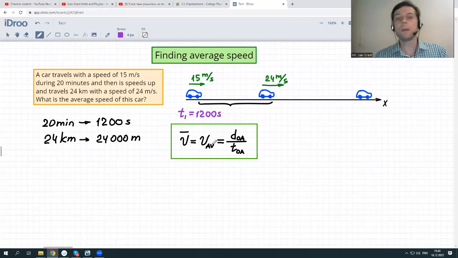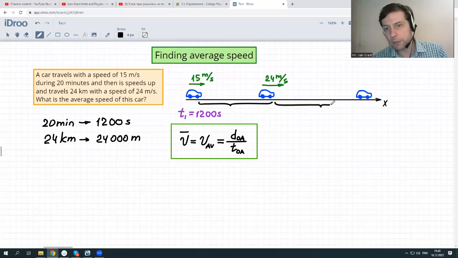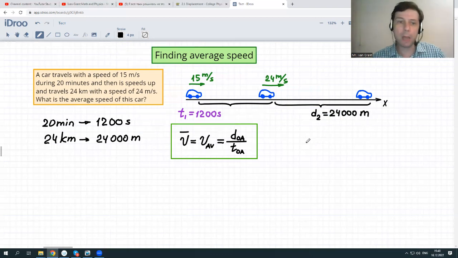And the distance itself, we do not know yet. The second interval of the distance traveled is mentioned. It's 24 kilometers, or let's call it D2. It's 24,000 meters. Well, now what we need to find out is the distance of the first part here, right?